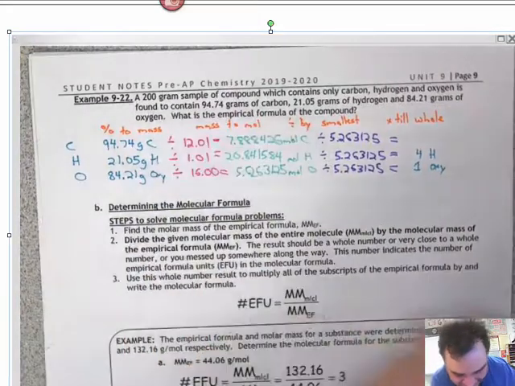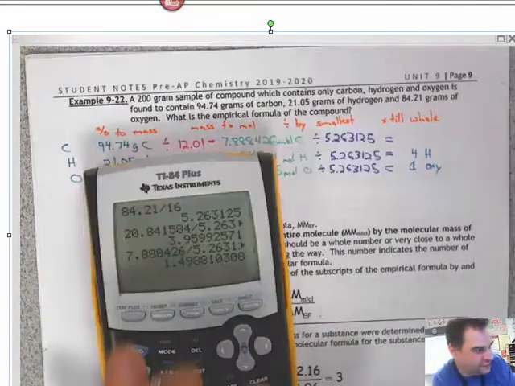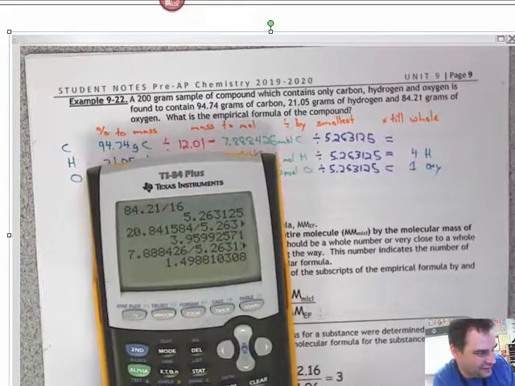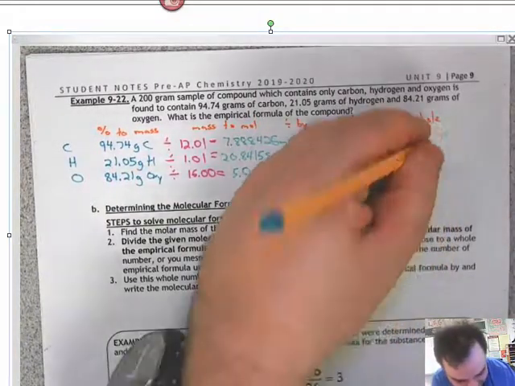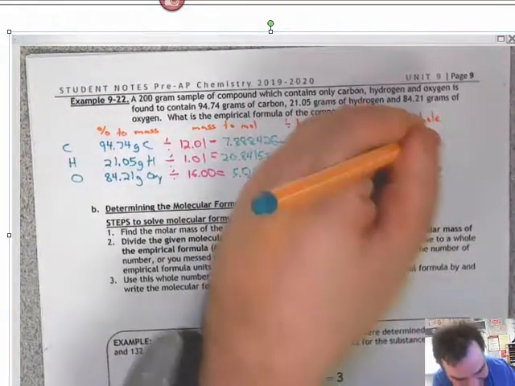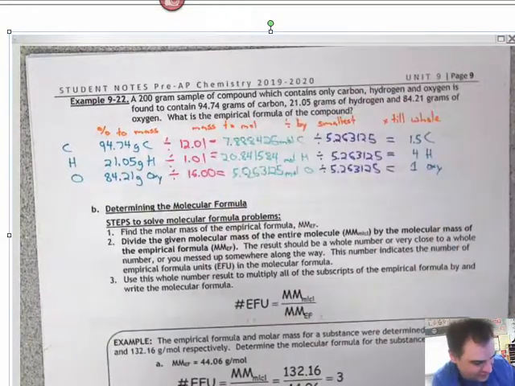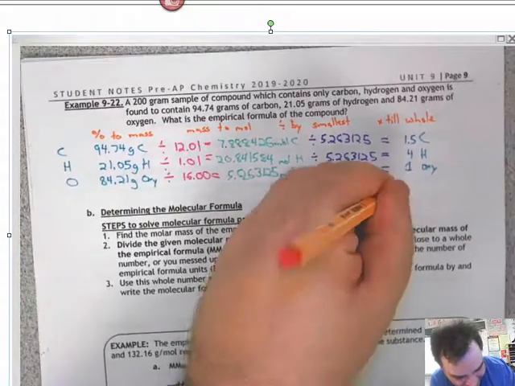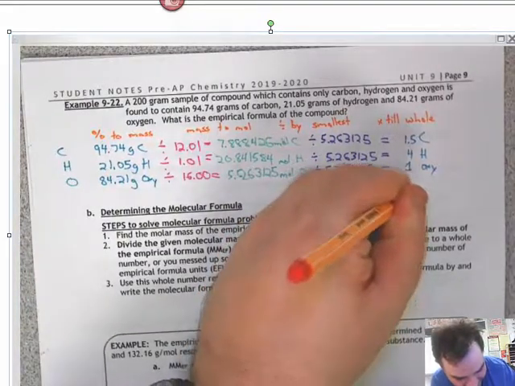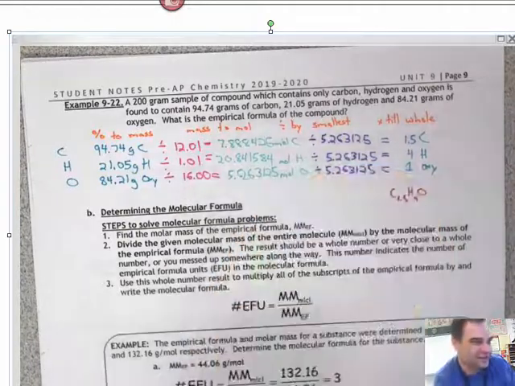But here, I get 1.49. I have to round that one to 1.5 carbons. So if I was to write the formula right now, you would write down C1.5H4O. Nobody does that.